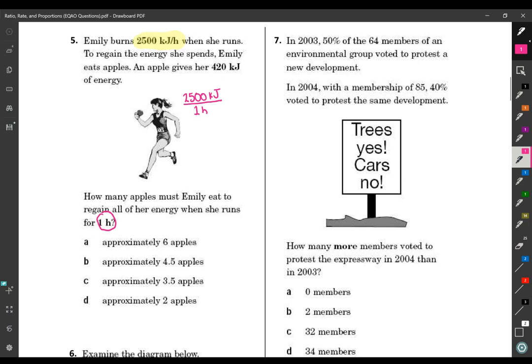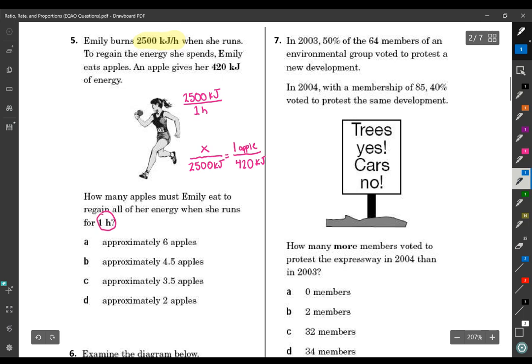So we know that one apple gives her 420 kilojoules. Okay? And we want to know how many apples, so X for how many apples will give her 2,500 kilojoules. Right? That's what we're trying to figure out. How many apples does she need to eat to regain all 2,500? So again, we're going to solve this the way we always do.